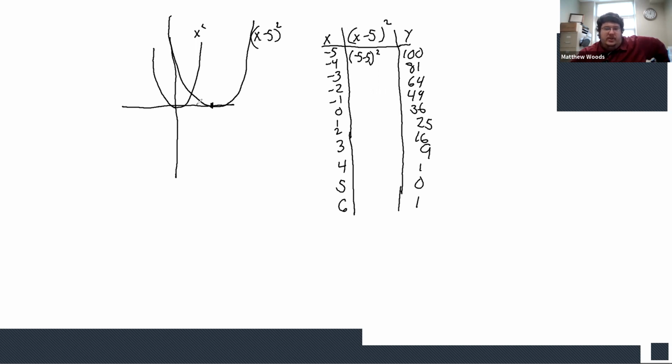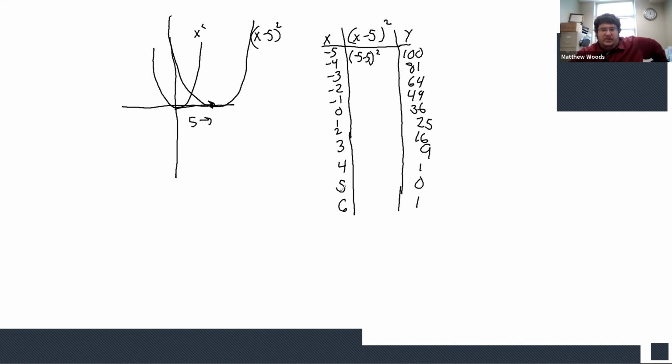We see how it's shifted, and you can see that it's shifted right 5 units. So anytime that it's a minus inside of your operation, you actually shift to the right. It looks like you're supposed to shift to the left because that's where the negative numbers are. But what actually is happening is you're shifting to the right.